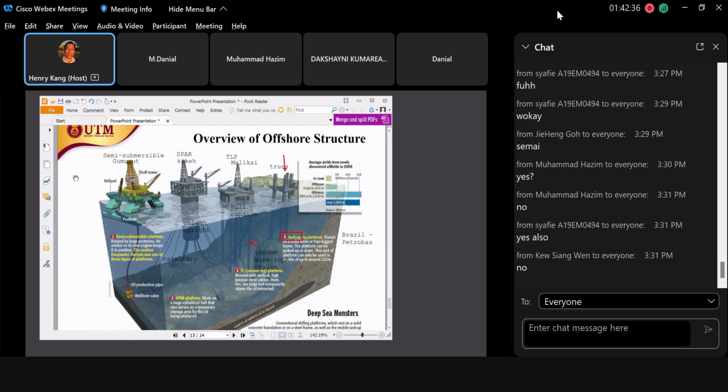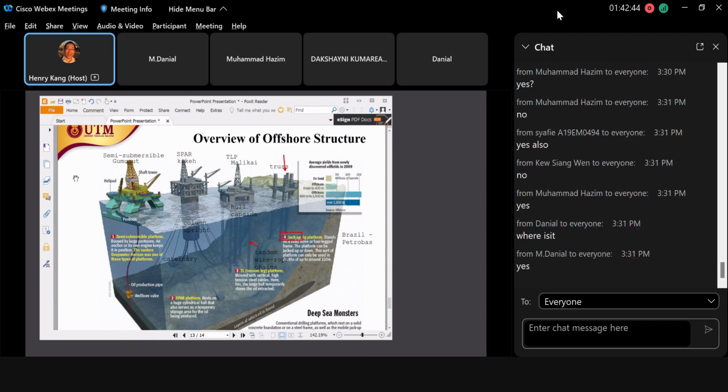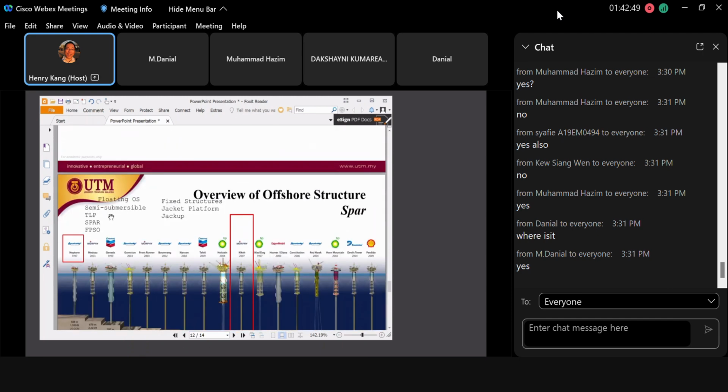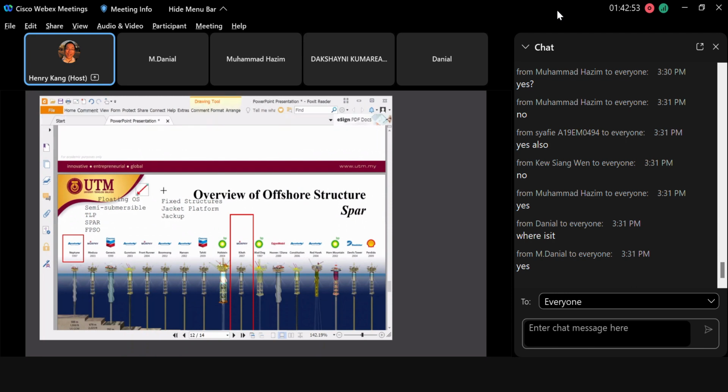Do we have FPSO in Malaysia? The answer is definitely yes. In fact, we have every type of floating structure in our Malaysian water, on the Malaysian oil and gas map.